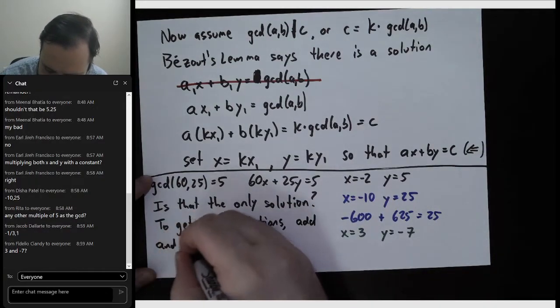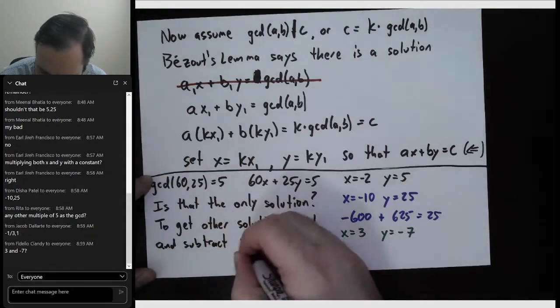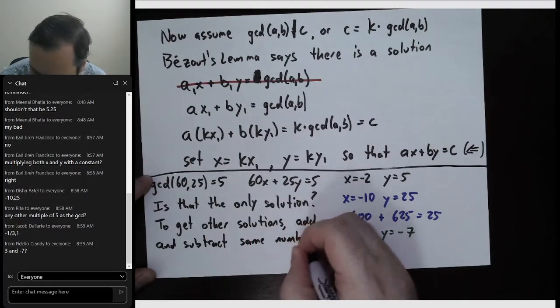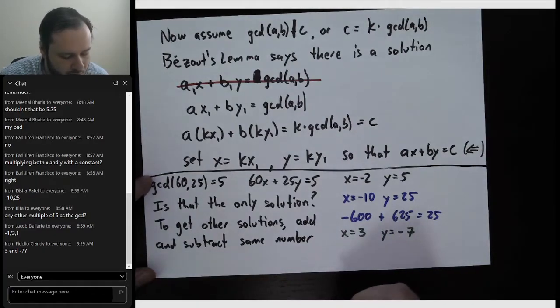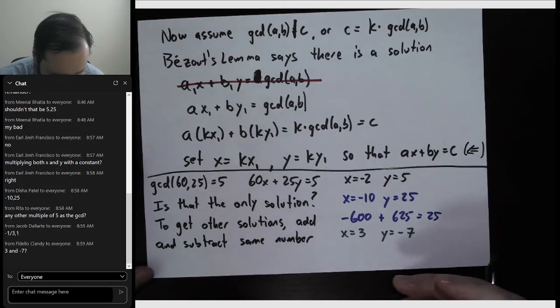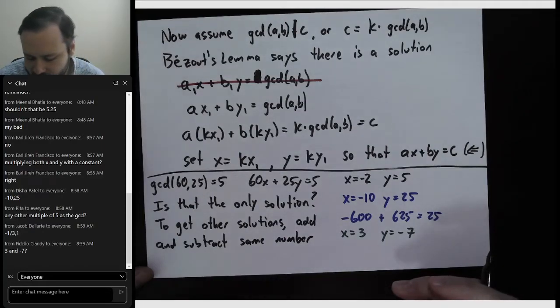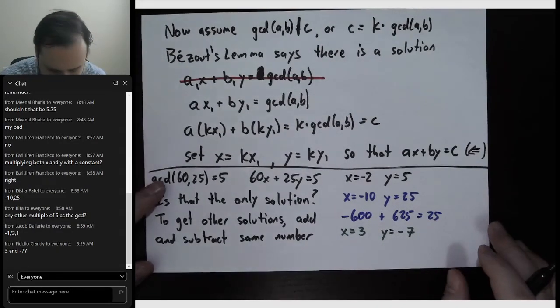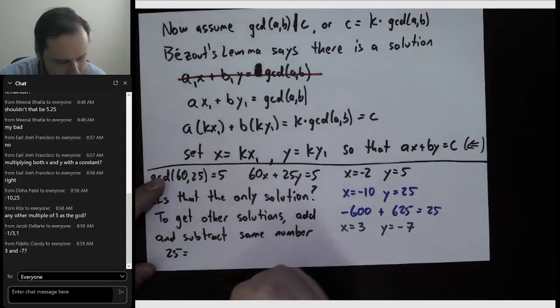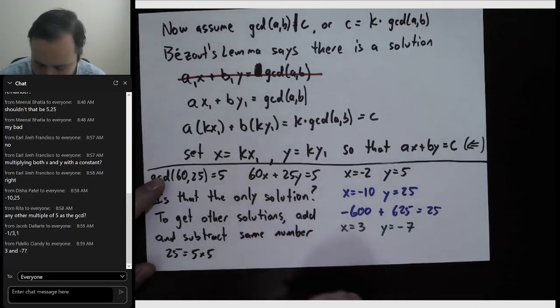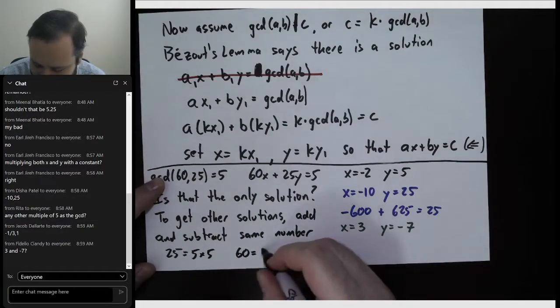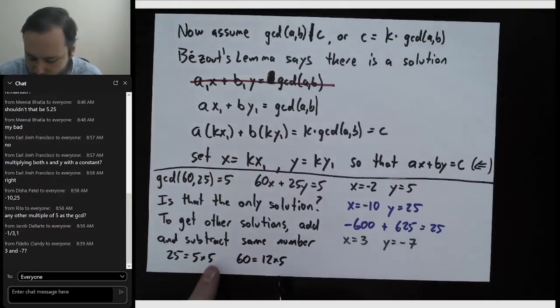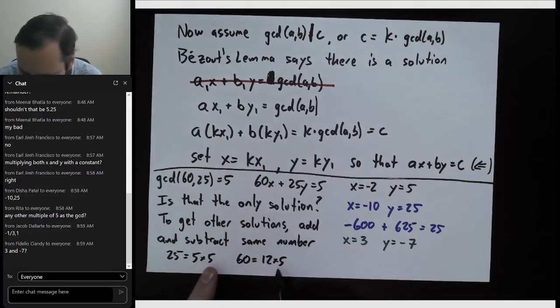So I want to add some number of 60s and then subtract off some number of 25s and have everything cancel. So 25, that's 5 times 5. And 60, that's 12 times 5. I knew that 5 was the GCD, the greatest common divisor.